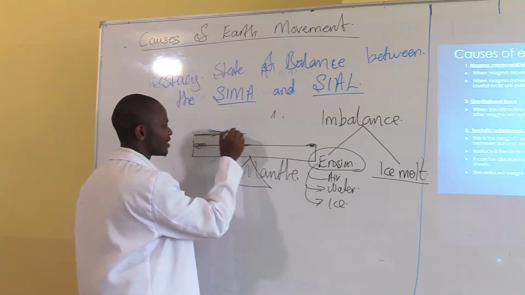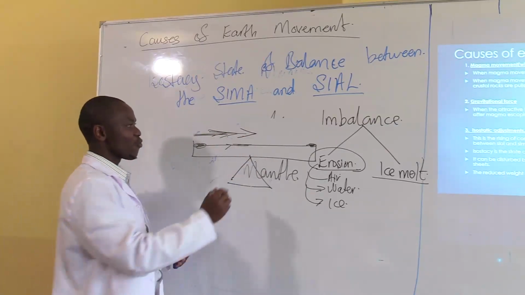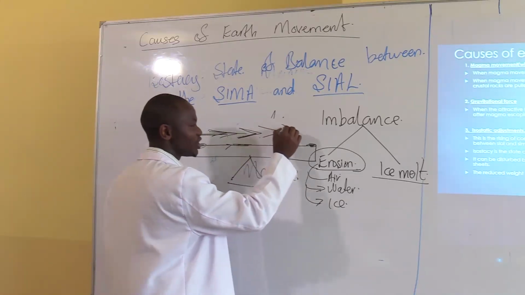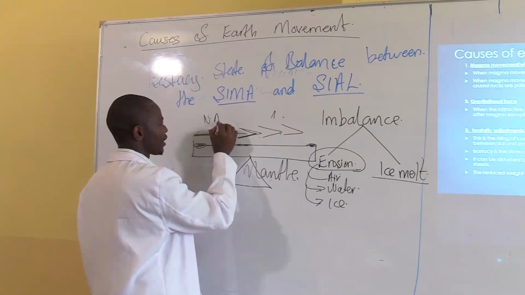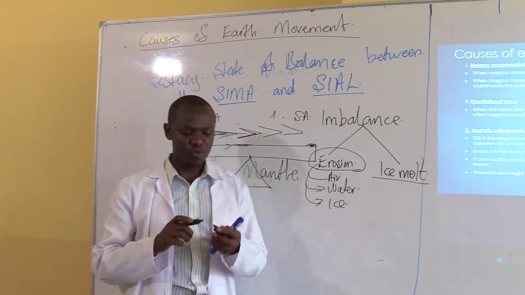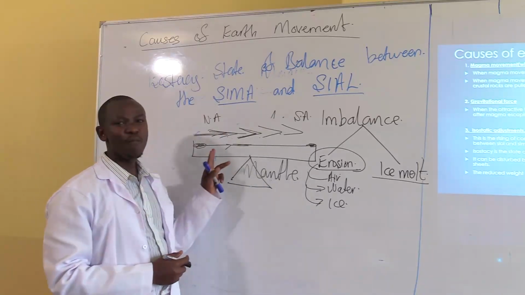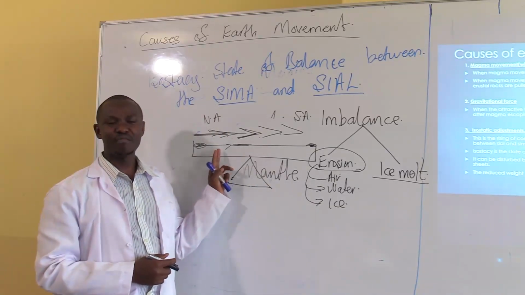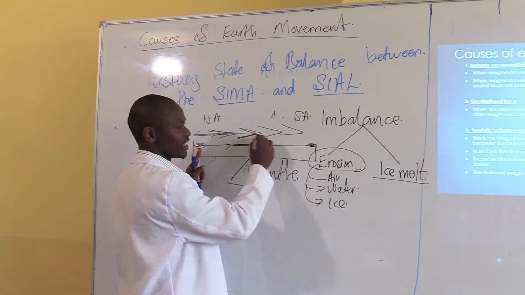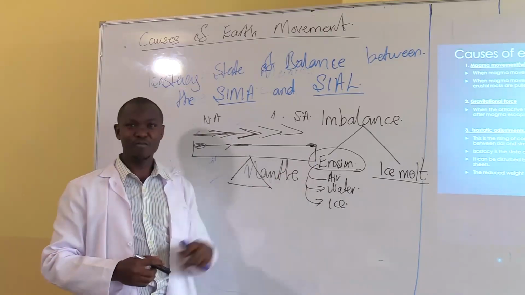Say it's the northeast prevailing winds, and they act for a long period of time, eroding materials from North Africa towards South Africa. Continuous erosion will lead to more materials being picked from the northern part of Africa, taken by the wind and deposited towards the southern part of Africa.